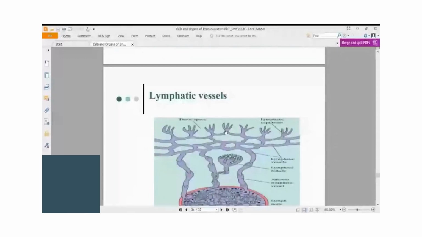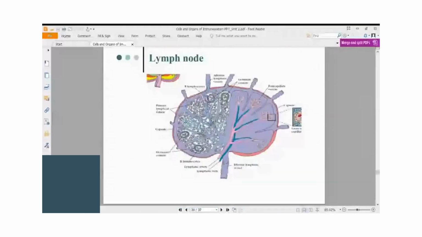These lymph nodes serve the purpose of expansion of your immune response to the cell-mediated immune response, where T lymphocytes will be committed to a given antigen that has entered the body, and the B lymphocytes that had come there from the bone marrow have committed themselves to the foreign antigen.